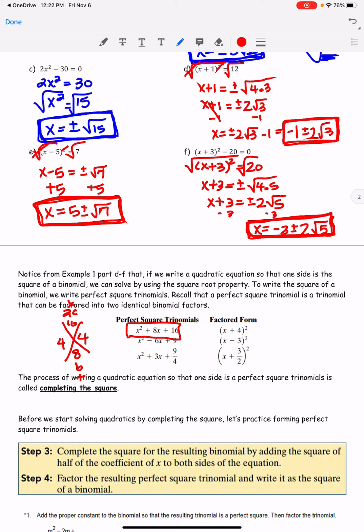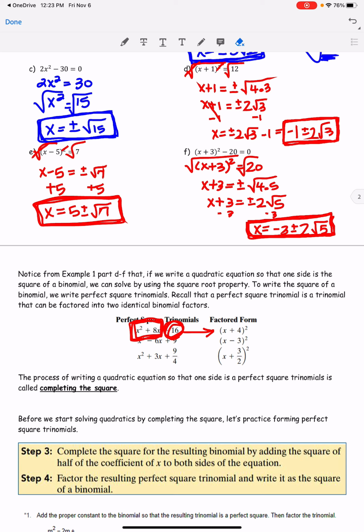The whole goal of completing the square is we're going to have this portion here, this x squared plus 8x, and I've got to figure out what can I add to turn it into a perfect square trinomial so I can write it as something quantity squared.